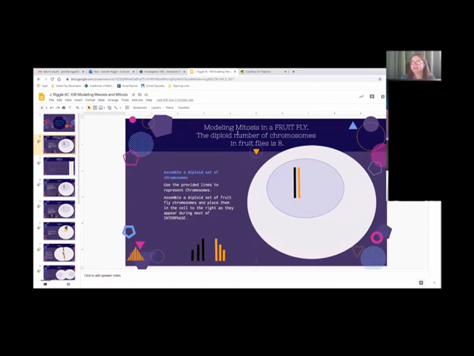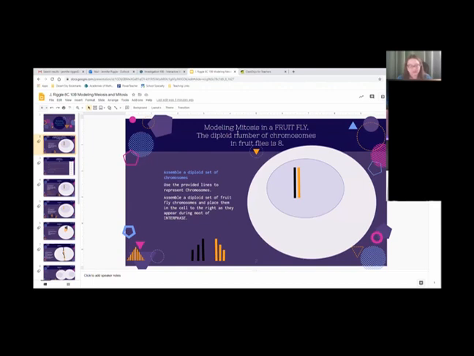Modeling mitosis in a fruit fly. For those of you who were doing the lab on Friday, there was a little blurb of information at the beginning, just introducing it. It tells us, you may have seen fruit flies buzzing around a bowl of fruit. They are tiny, but if you look closely, you may see their red or white eyes. Like all living organisms, fruit flies grow and reproduce.